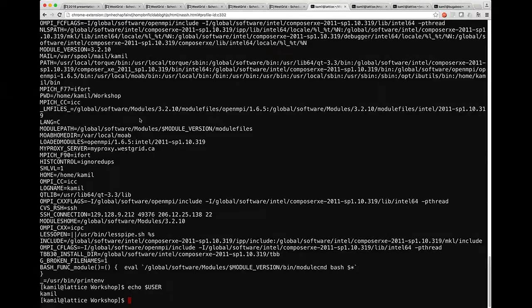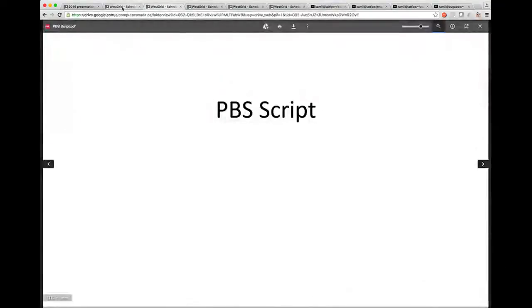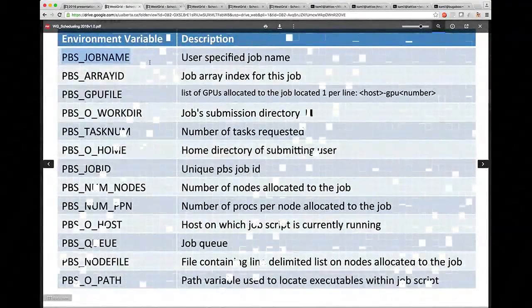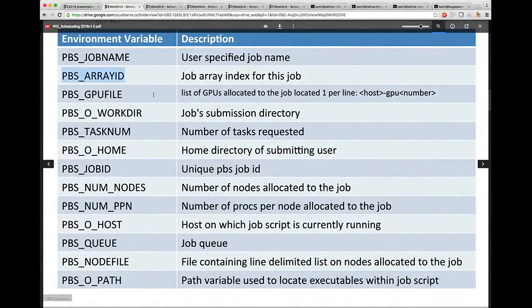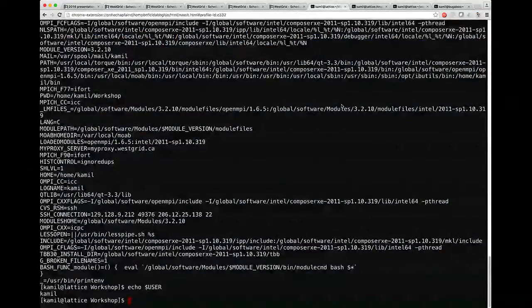When your job starts, PBS will set a whole bunch of environment variables, including job name, array ID, and so on. PBS_O_WORKDIR is the directory that you submitted your job from. You can use these environment variables in scripts and commands that you write. One example of doing that, and you could do this on the command line, is qstat -a $USER.